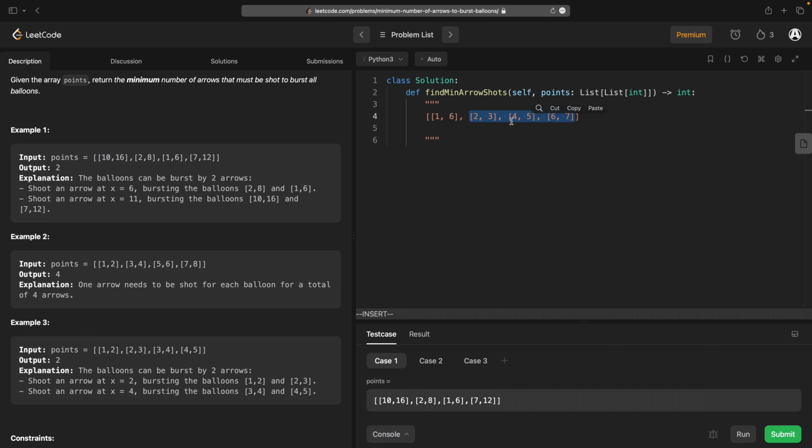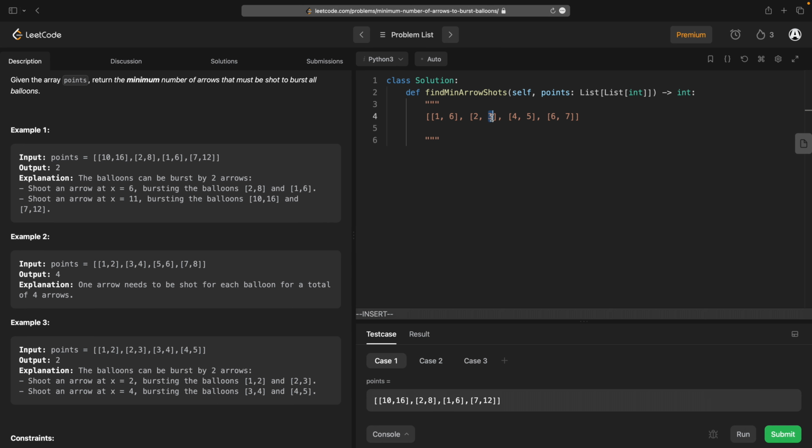I still need 3 arrows. So I don't want to collect up to 6. I initially think I'm going to collect up to 6, but then when I collect this one here, I'm actually only going to collect up to 3, and then I stop and I can shoot these 2.